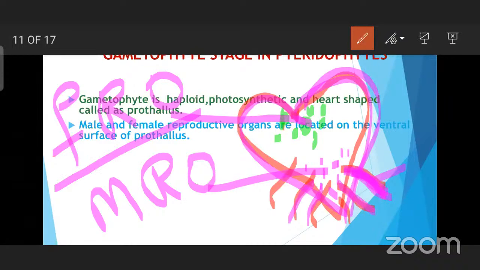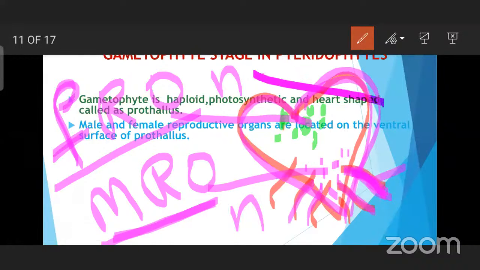It is meant for producing the male and female reproductive organs. In the female reproductive organ, the female gamete will form. In the male reproductive organ, the male gamete will form. Both of these are going to fuse to form a zygote. This zygote is going to develop into a sporophyte again.